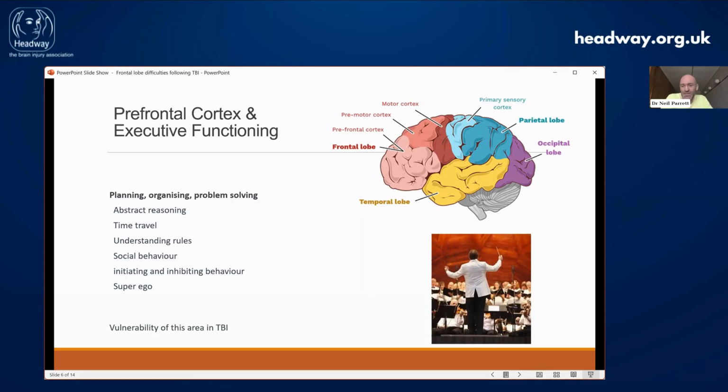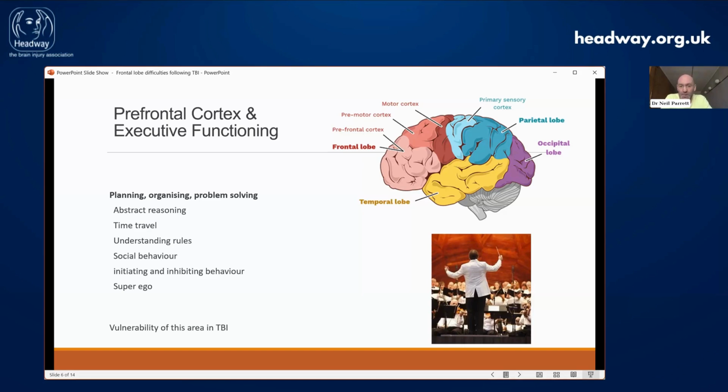It's right there at the front, and so is regularly the area that is likely to be involved in a traumatic brain injury, either through direct trauma or contrecoup injury, where the brain is shaken in the head, rubbing up against the rough front surface of the skull, causing tears and lesions and axonal injury.